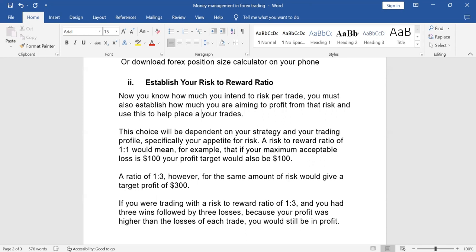This choice will depend on your strategy and your trading profile, specifically your appetite for it. A risk to reward ratio of 1:1 means that, for example, if your maximum acceptable loss is 100, your profit target will also be 100. That one is 1:1.